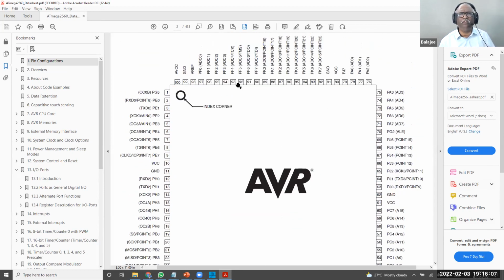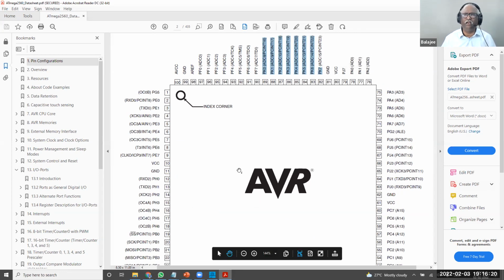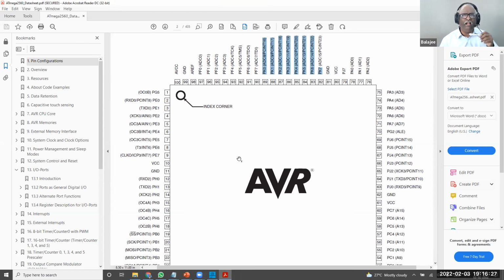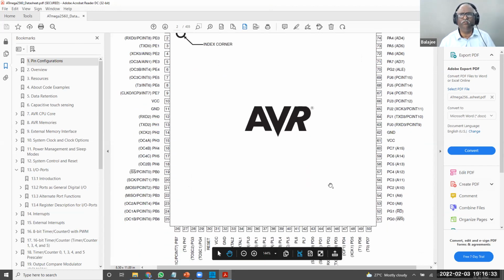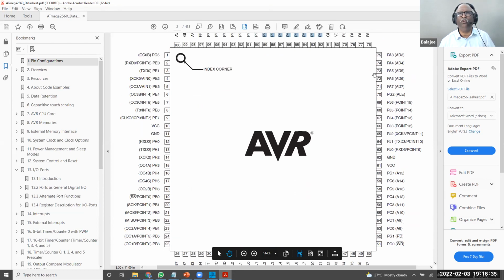So this is what you have to understand. That means that, see here, PF, PK, PA. So all the ports are there. Understand now? So that means that if I buy this chip, 100-pin chip, in the 100-pin chip, how many ports are there here? A is there. I have shown A is here.